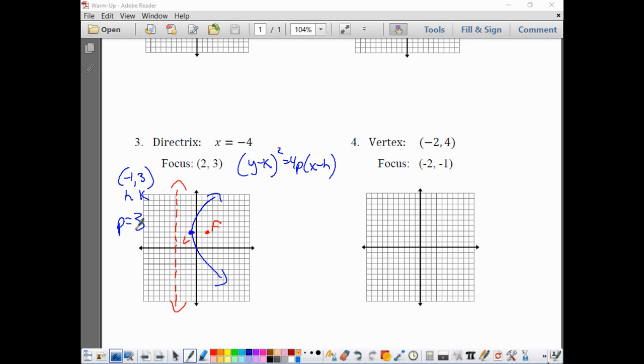Throw these three numbers in the formula into the equation, and you have your answer. So we have y minus k, so that would be y minus 3 squared equal to 4 times our p-value. The p-value is 3, so 4 times 3 is 12. And then x minus h. Our h is -1, so that changes to x plus 1.